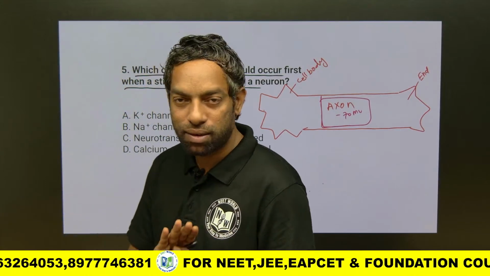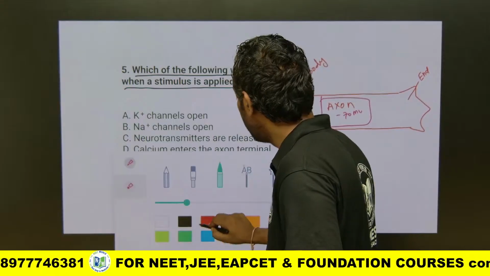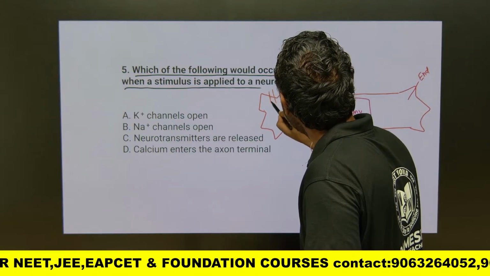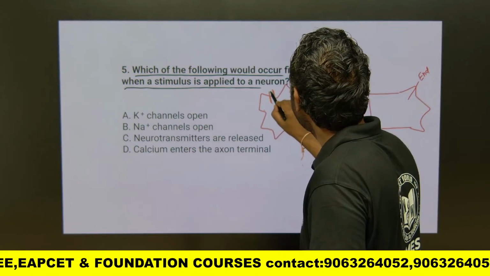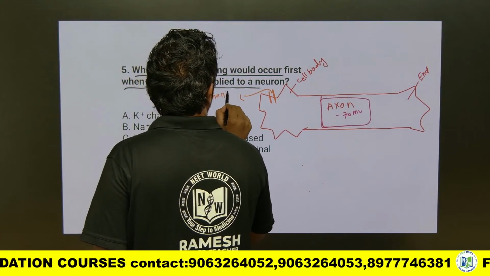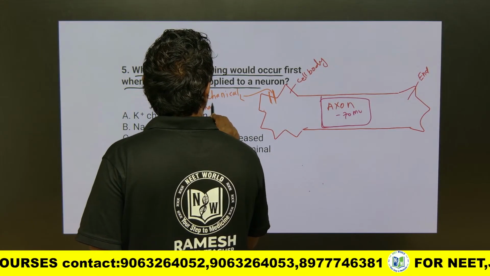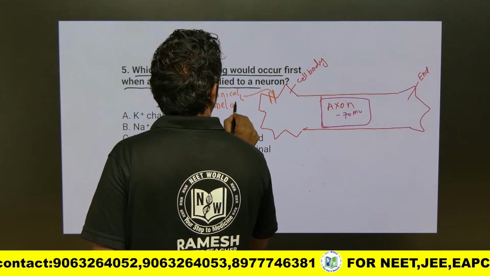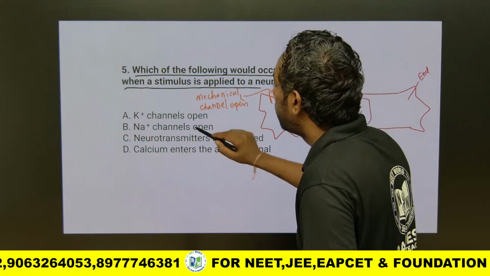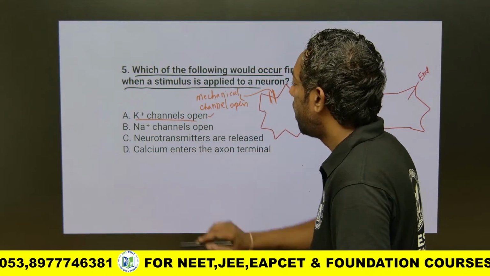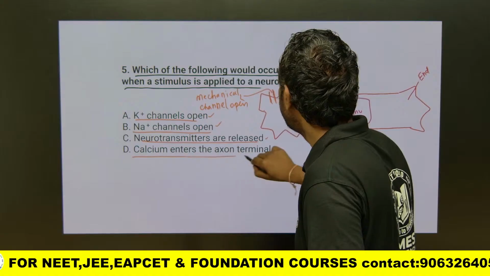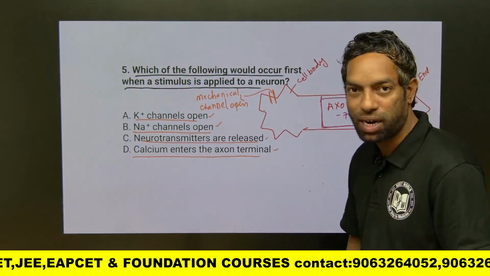Then a channel opens. What happened? The potassium ions or sodium ions open, neurotransmitters are released, and calcium ions enter the axonal membrane. This is the important question, guys.